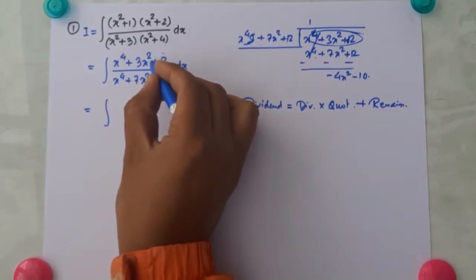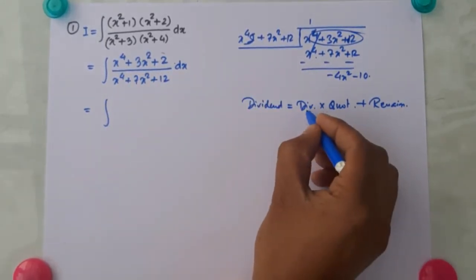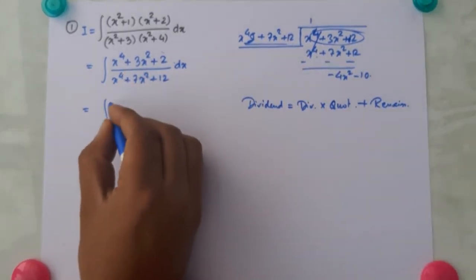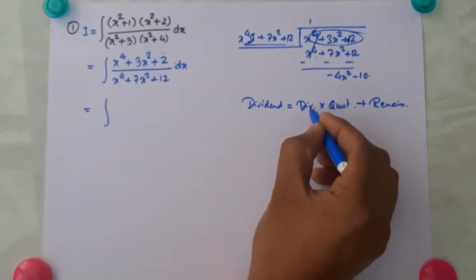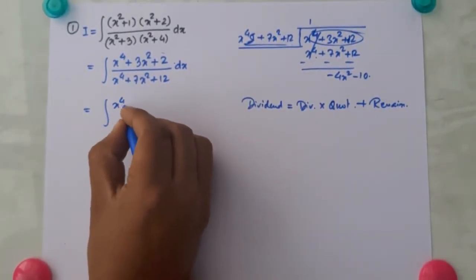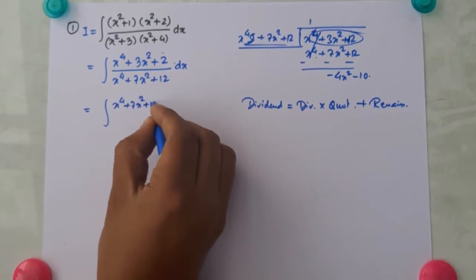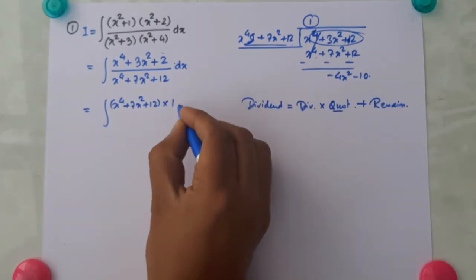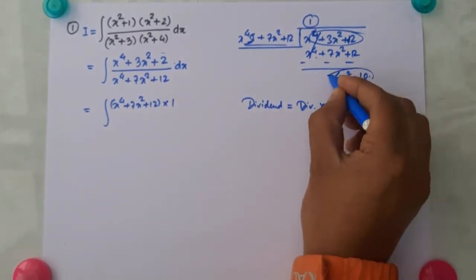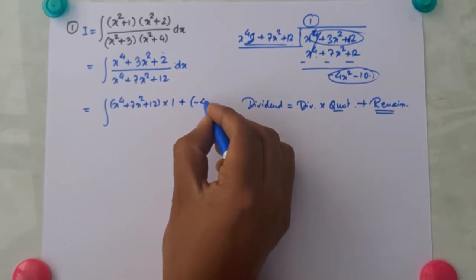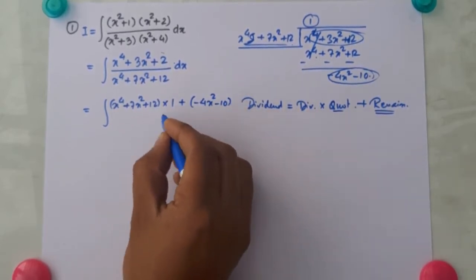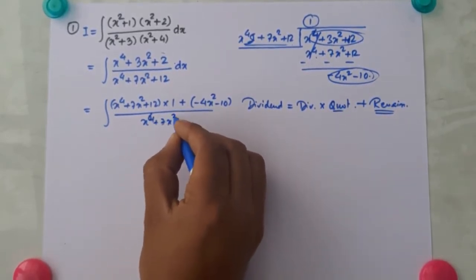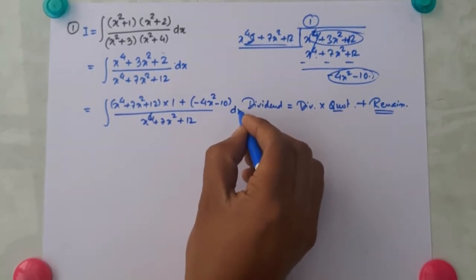The dividend is the numerator, so the numerator can be written as divisor, which is x to the power 4 plus 7x square plus 12, into quotient. The quotient is 1, plus remainder. The remainder is minus 4x square minus 10, divided by x to the power 4 plus 7x square plus 12, and we have got dx also.